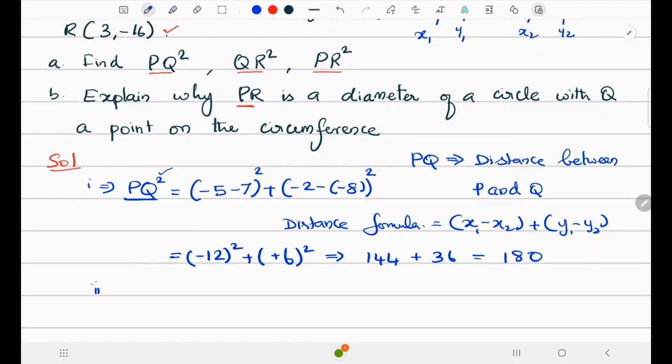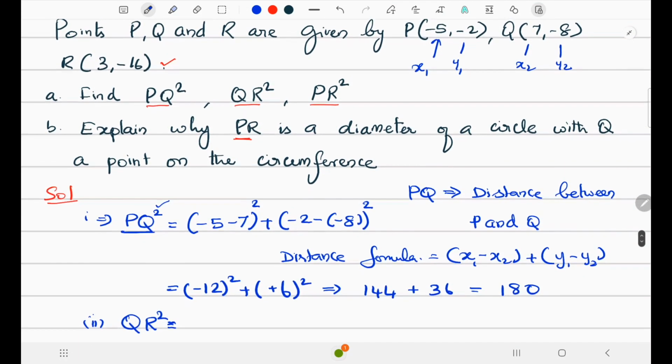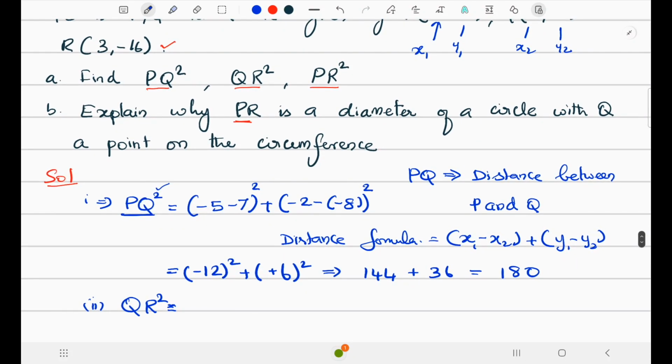Okay, similarly we need to find the QR square. Now what is Q? 7, -8, and R is 3, -16. So 7 minus 3 the whole square plus -8 minus of -16 the whole square. If you calculate, you will get 80.